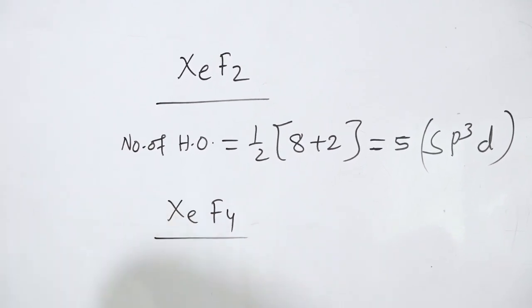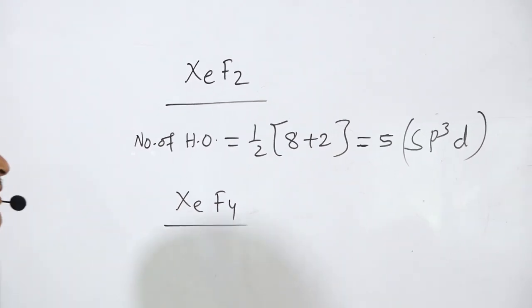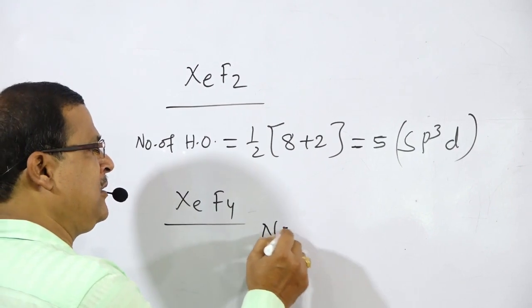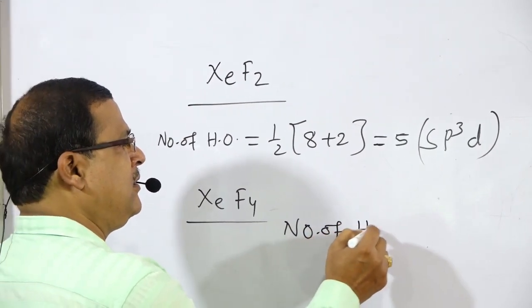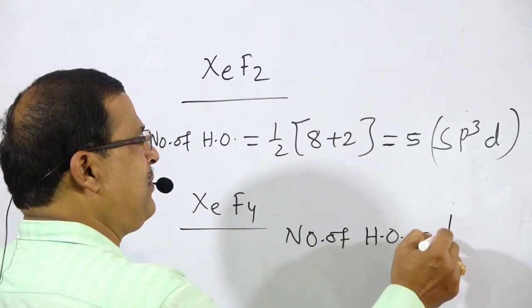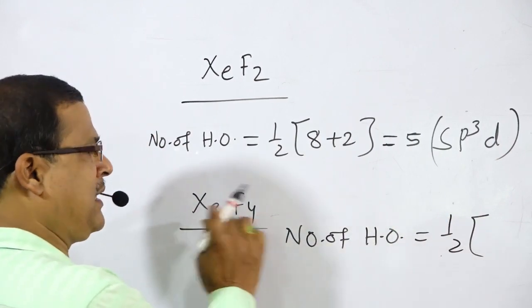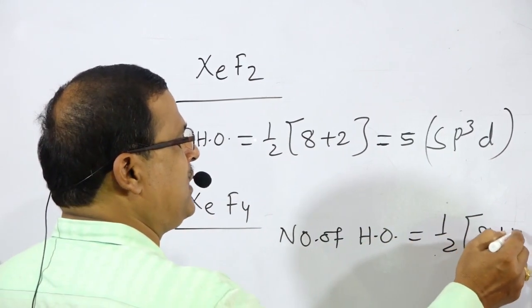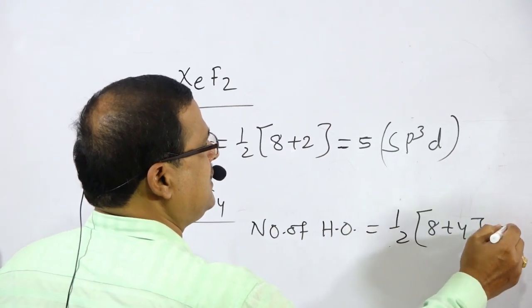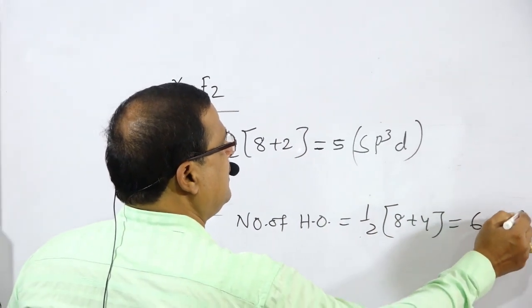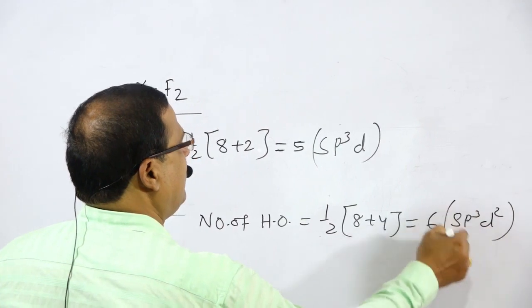For xenon tetrafluoride, the number of hybrid orbitals is half of 8 plus 4, that is 6, so sp3d2.